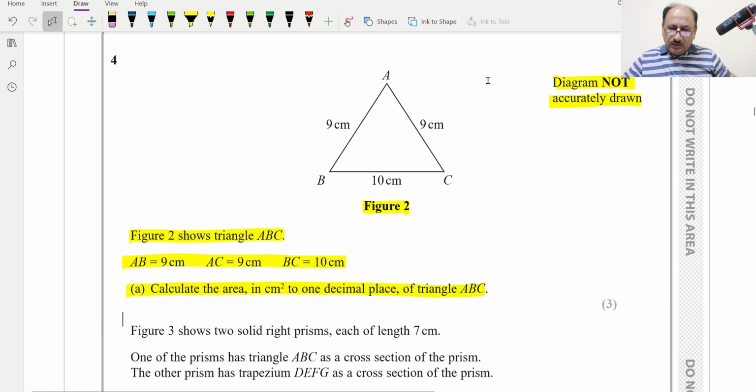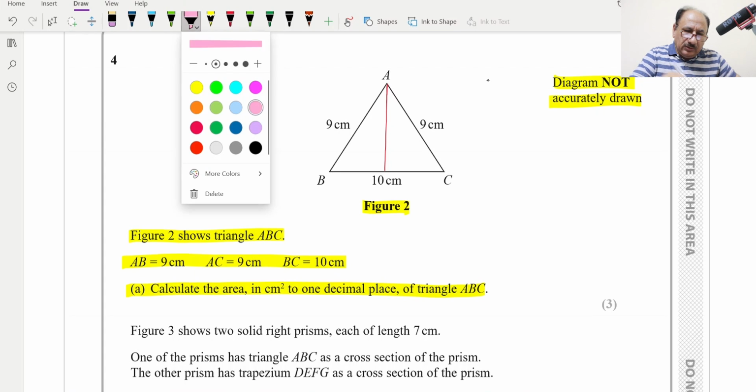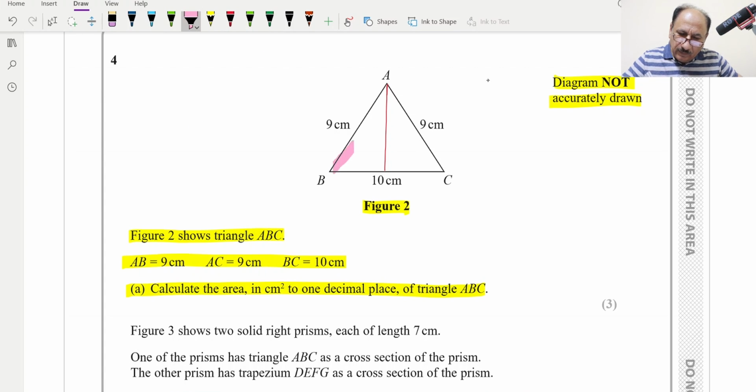For the area of the triangle, we basically need an angle, or we need the height. We don't have the angle in this case, so we can look for the height. This will be the perpendicular height, and we can consider this triangle.